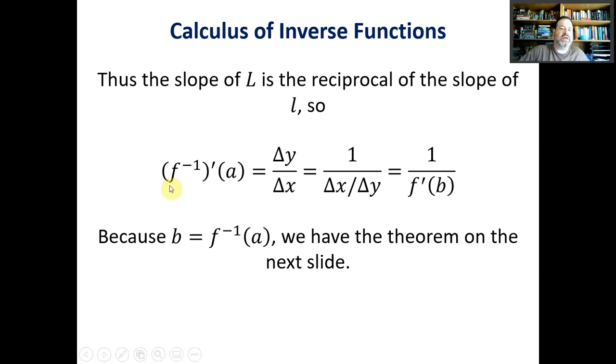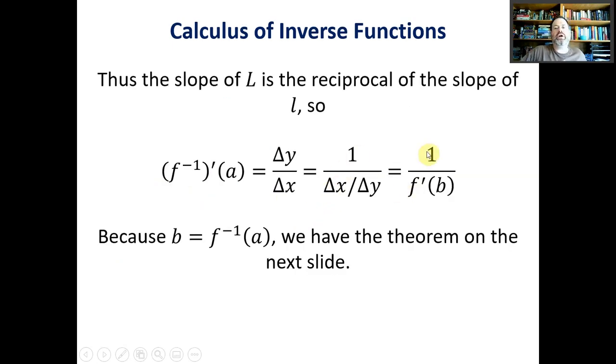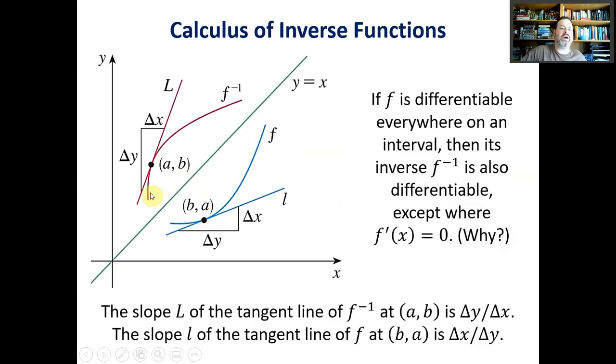So that means the derivative of the inverse at a, that's delta y over delta x, that's what we saw here, is going to be 1 over the derivative of the original function. And that should make sense. If you look at the graph, the slope of this line is 1 over the slope of this line.